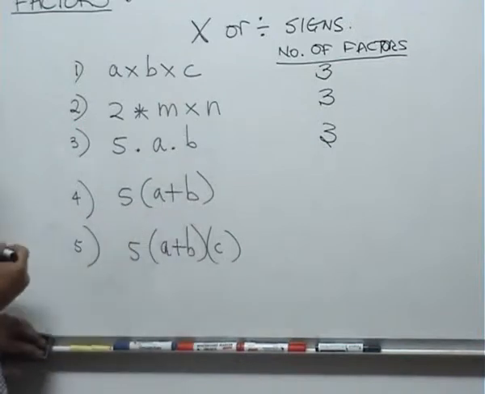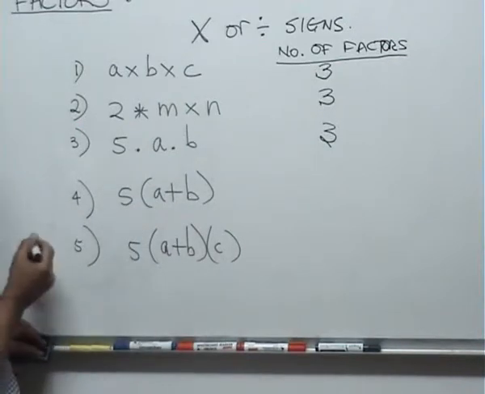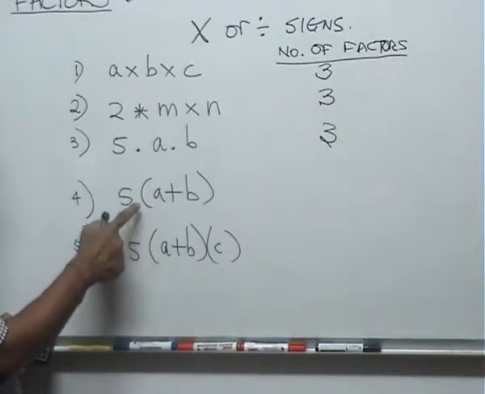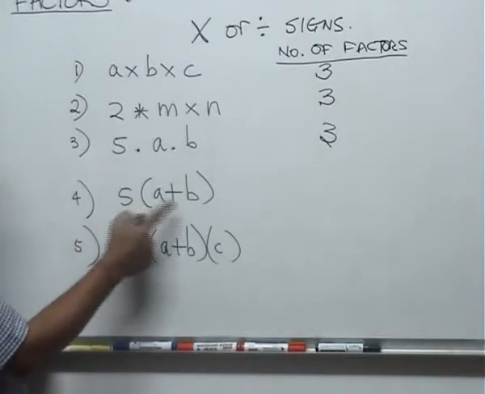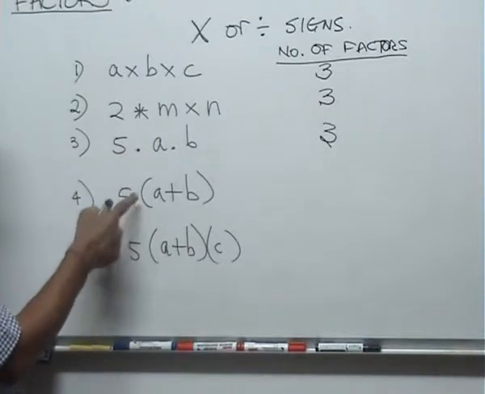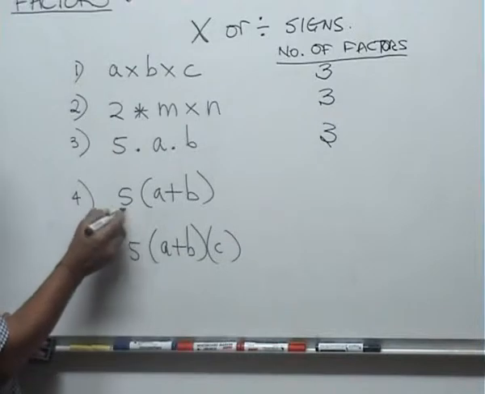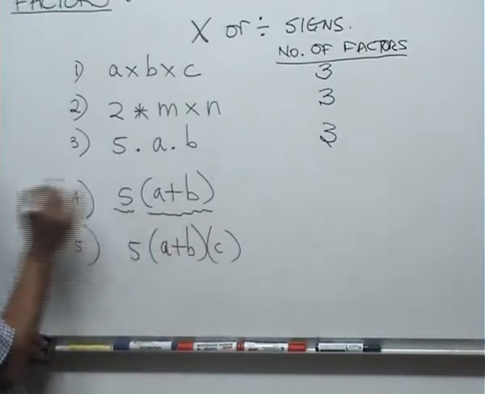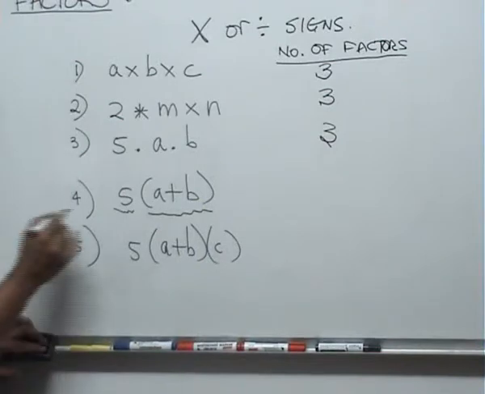Now when you look at this example, 2 important things happen. Firstly, there's no multiplication sign here, but we understand that this is a multiplication example. So it's 5 times the bracket. The multiplication sign is understood. Understood means it is there, but it's not written. So 5 is one factor and a plus b is another factor.